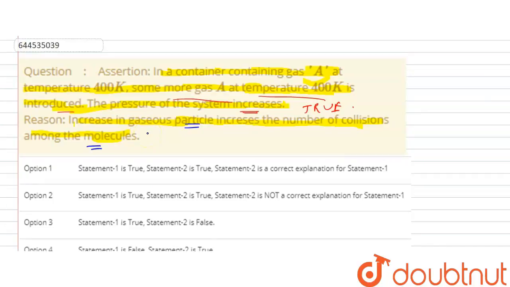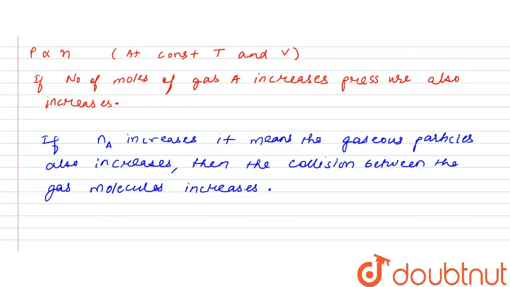But now our aim is to check whether statement 2 is the correct reason for statement 1, or the correct explanation for this statement. That is, whether the reason is correct for the assertion, that we need to check. Statement 2 is true, but what happens?